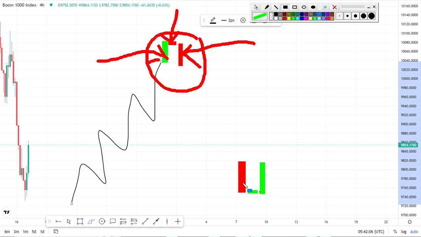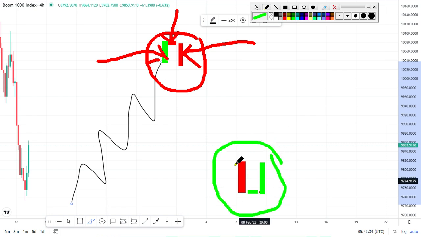The first one should be big, this one is small, and the third one is going to be big also. So the first and third candles, at the left and the right, should be bigger than the one in the middle. That's just the condition. And this particular candlestick pattern right here is known as the morning star, a reversal candlestick pattern to the upside.